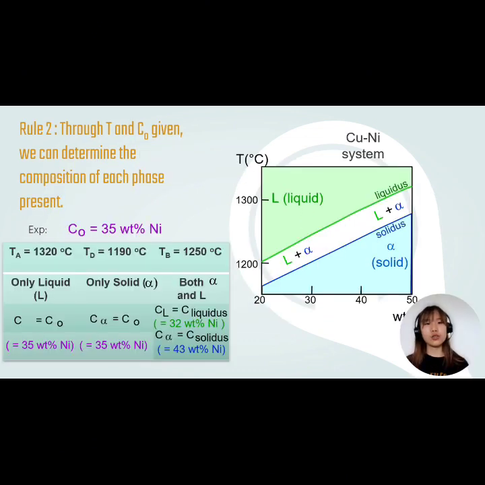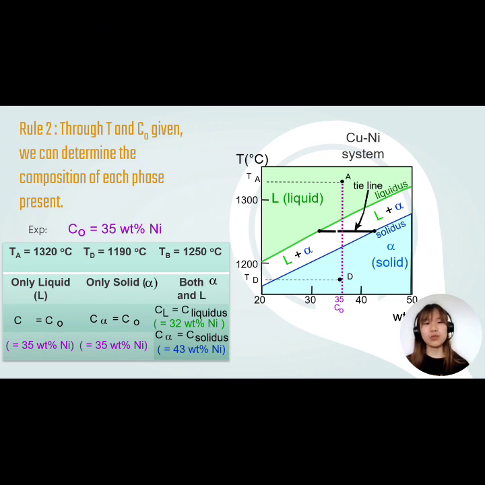For rule 2, through temperature and composition given, we can determine the composition of each phase present. For example, given the composition as 35% by weight, at temperature A, which is 1320 degrees Celsius, we get only liquid phase, where the composition of the liquid will be the same as the composition given, which is 35.